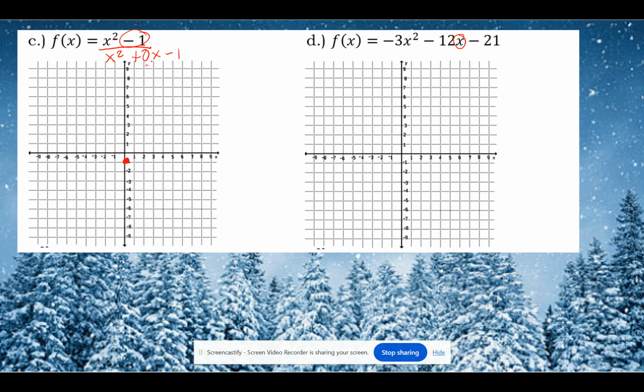You have 0x terms. If you use your formula h equals negative b over 2a, you're going to get h equals 0. And if you do 0 squared minus 1, you're still going to get minus 1. So your vertex would be at 0, negative 1. Well, we already have that. So when you don't have a middle term, you can just skip work altogether.